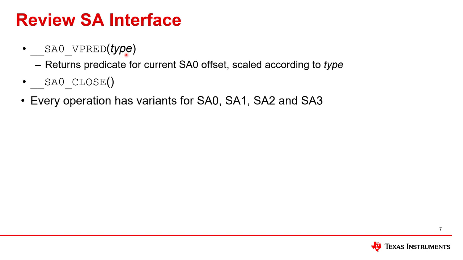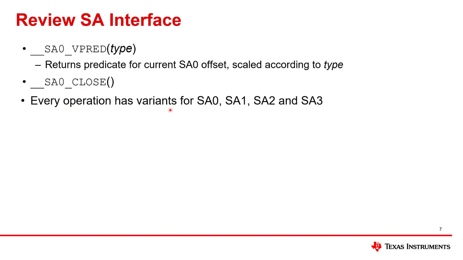SA0 vpred takes a type as an input and it returns a predicate for the current SA0 offset, scaled according to type. And remember, in our example, type was always int4. All right, SA0 close is pretty obvious what that does.